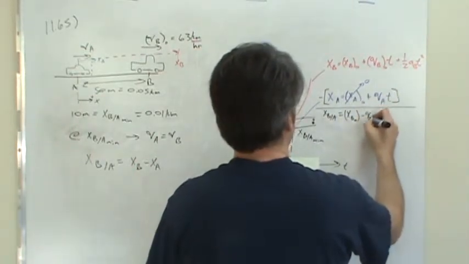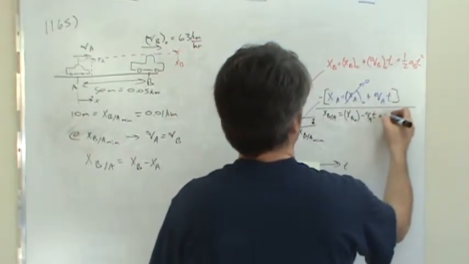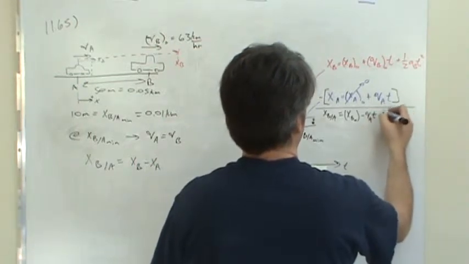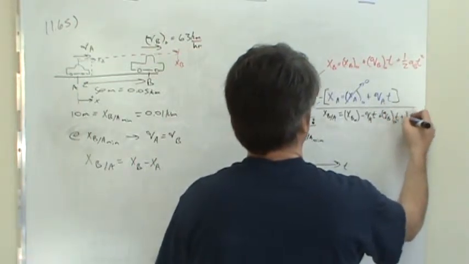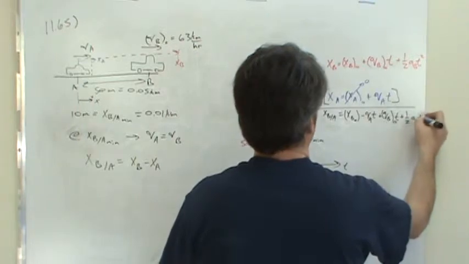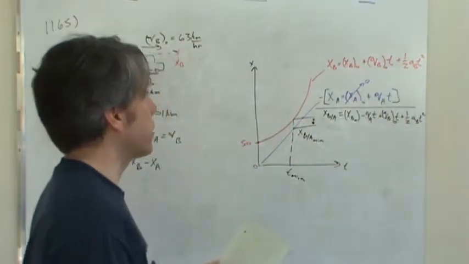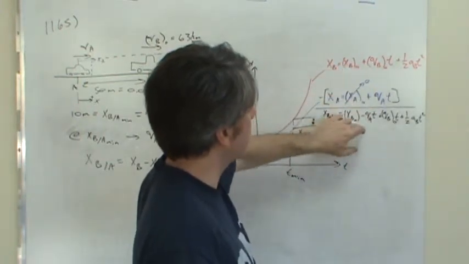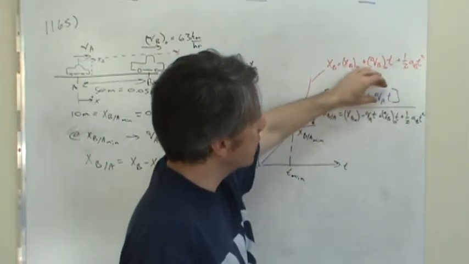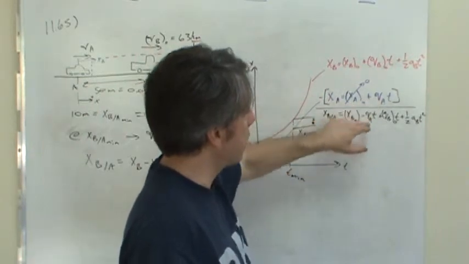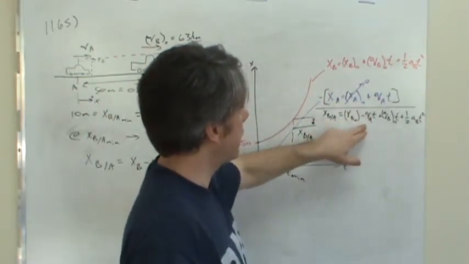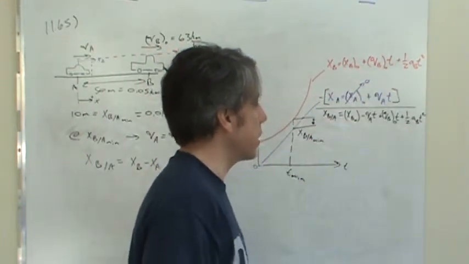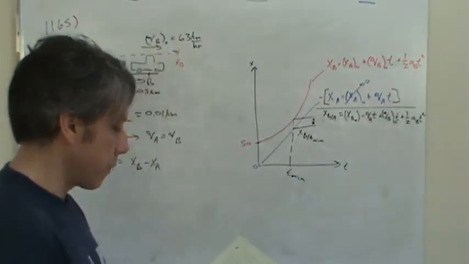Less the velocity of A times time plus the initial velocity of B times time plus 1/2 acceleration of B t squared. Just taking the difference between the two. So I just brought this term down, realized this was a 0, didn't have to write it. I was being inconsistent, and then took this term down, it's got a negative sign attached, and then brought these two down. So that's just the difference between those two.